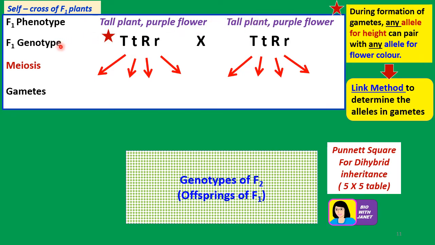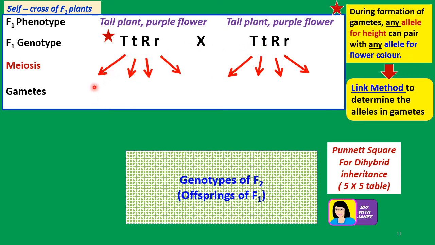Then its genotype. So this plant is actually a dihybrid, meaning it's heterozygous for both characteristics, for the characteristic of height and flower color. So the genotype is big T, small t, big R, small r, and it's the same for the other parent. Then through meiosis, gametes are formed.